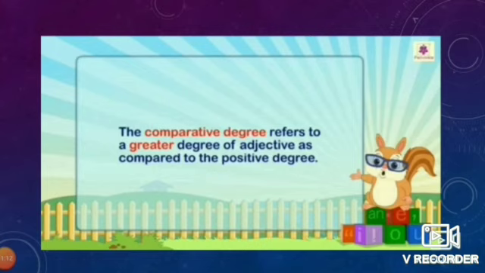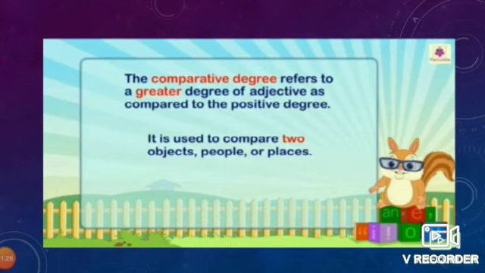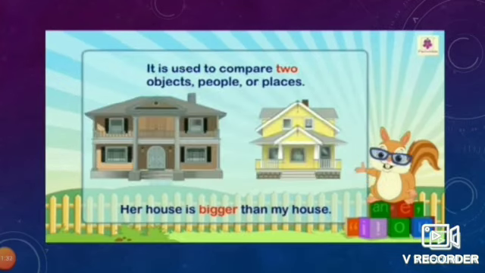The comparative degree refers to a greater degree of adjective as compared to the positive degree. It is used to compare 2 objects, people, or places. For example, her house is bigger than my house.